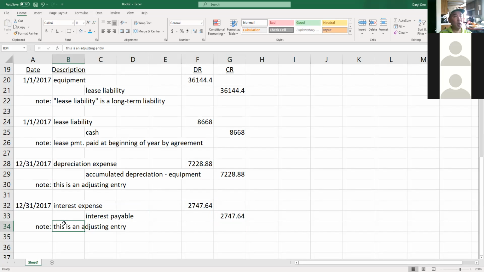Now, we have to make the lease payment. Remember, this is by agreement. We have to make the lease payment at the beginning of the year.